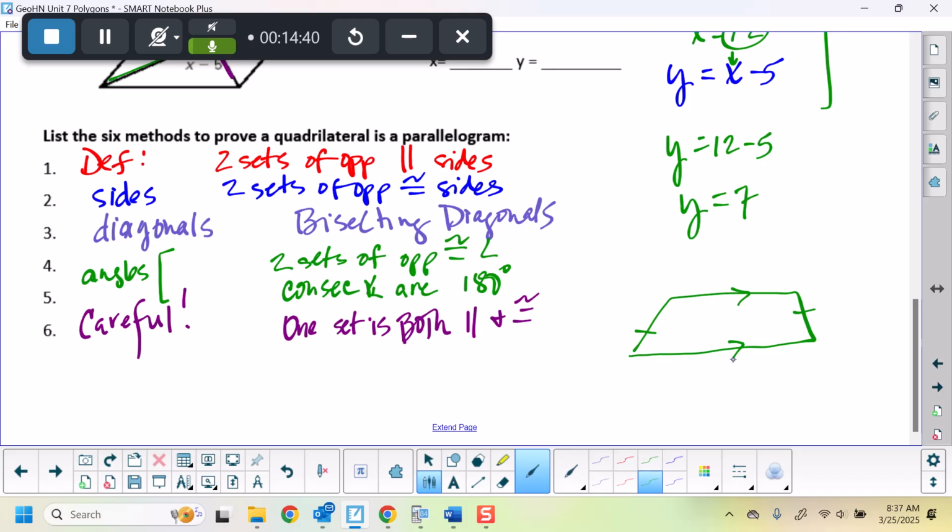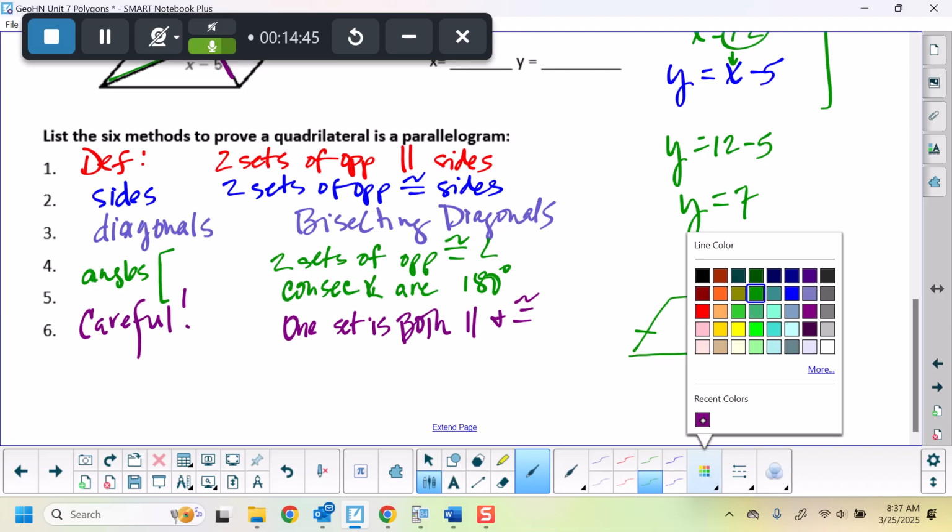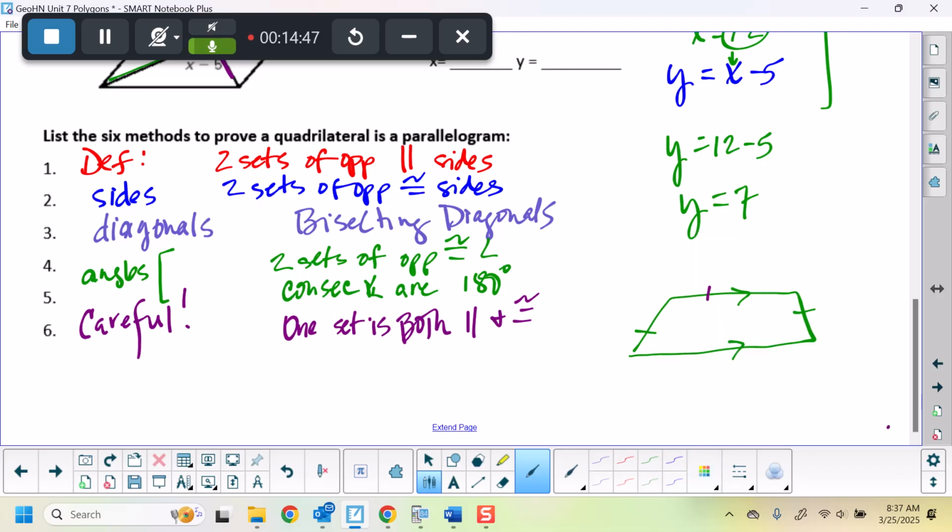So if I want it to be a parallelogram, both have to be true. I have to have my sides that are parallel also congruent. I don't want it to be a trapezoid. Are we okay with that? Yes. That's only 5. 1, 2, 3, 4, 5, 6. Oh. Are we good? Alright.